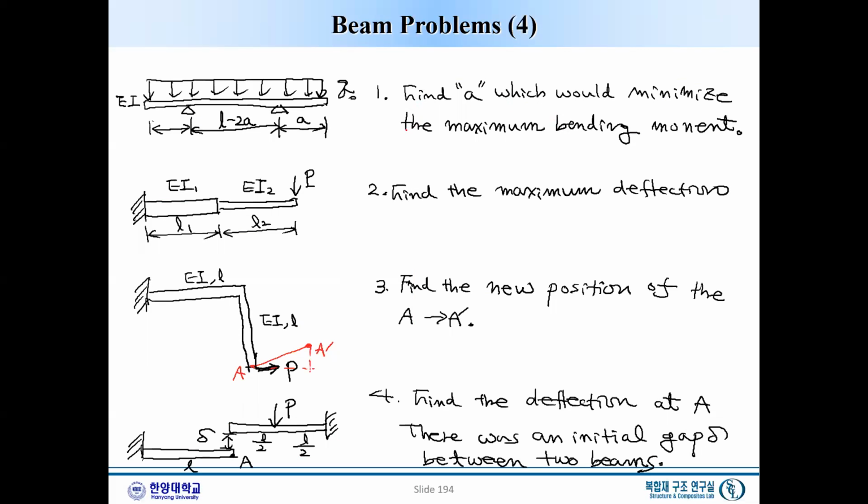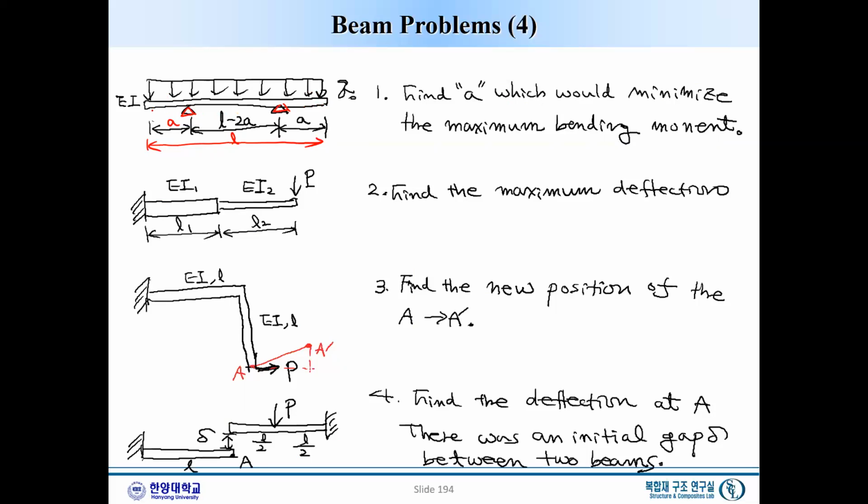The first one: say we have a beam of length L, with a simple support on the left-hand side and also a simple support on the right-hand side, each at location a, and the total length is L. So the middle span is L minus 2a. Of course, there will be free ends outside.